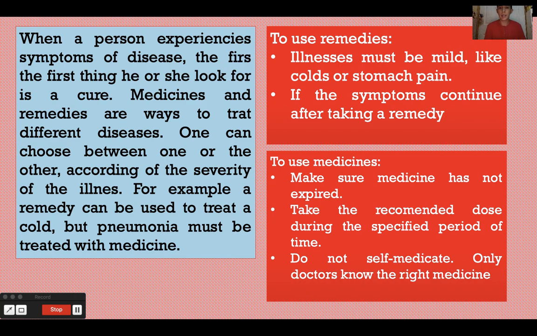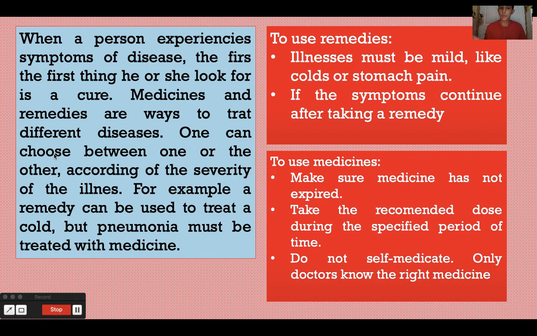You go to the supermarket or to a drugstore to buy some medicines, a pill, a vaccination, syrup or something like that to take, and that way you can be good. Okay, medicines and remedies are ways to treat different diseases. Okay, medicines and remedies are two different things. Okay, but both are used to get us well.